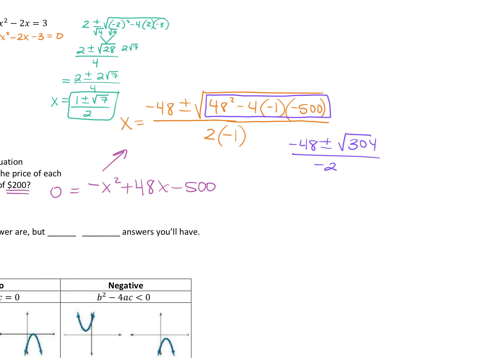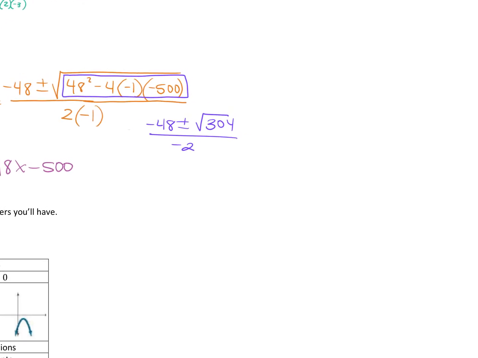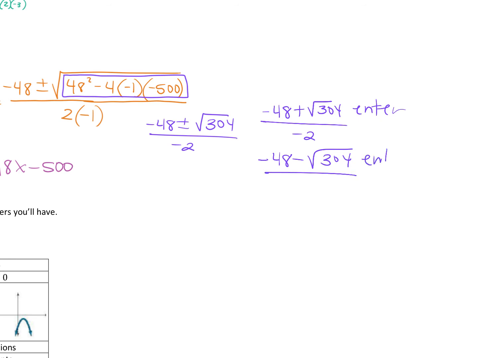Okay, so here's where I want you to plug it in. Plug into your calculator negative 48 plus the square root of 304, hit enter, and then divide by negative 2. Okay, and then plug in negative 48 minus the square root of 304, hit enter, and then divide by negative 2.